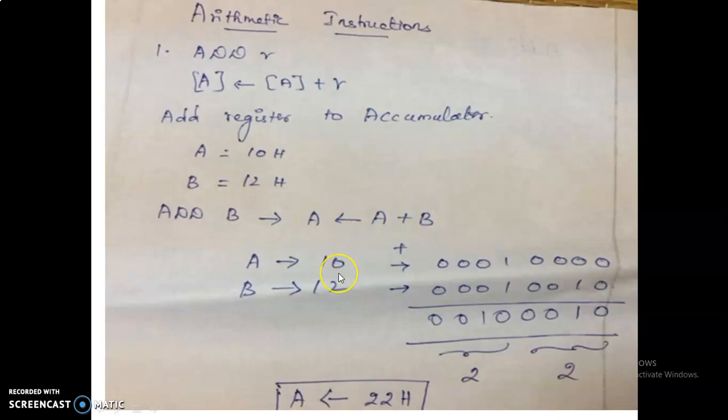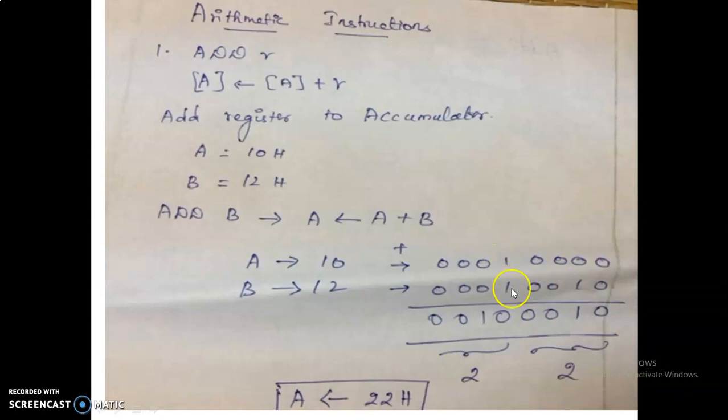Okay. So here the value of the register A is 10, the value of the register B is 12. This is explained in the binary format. Here the addition operation is performed. According to the truth table, 0 plus 0 is 0, 0 plus 1 is 1. You have to add these two bits.